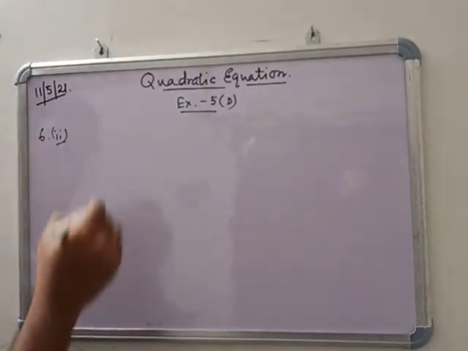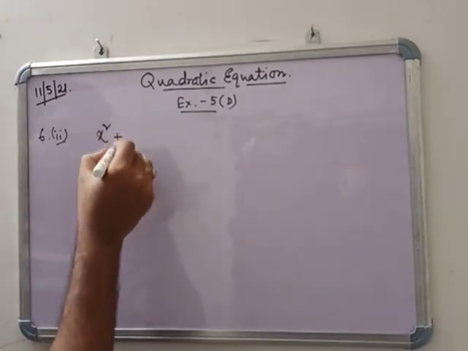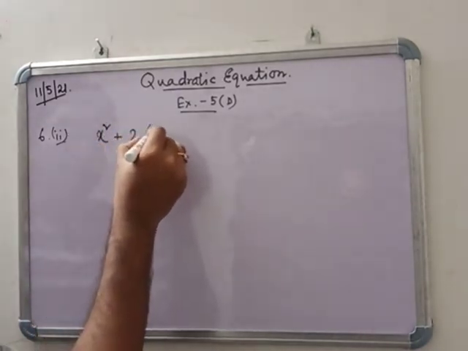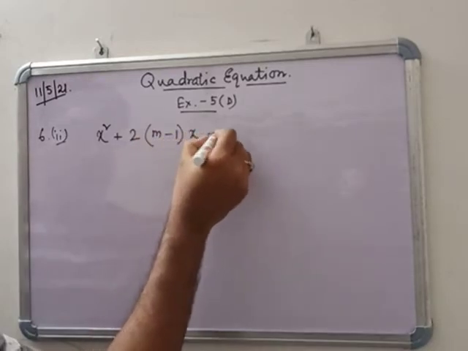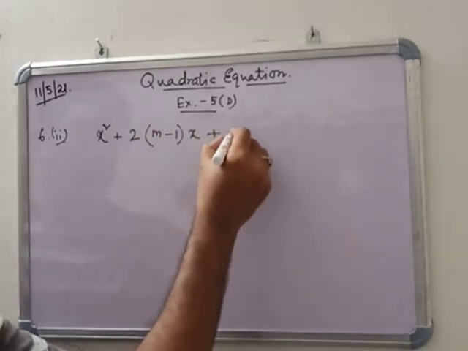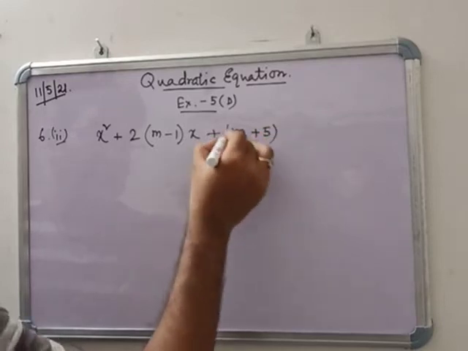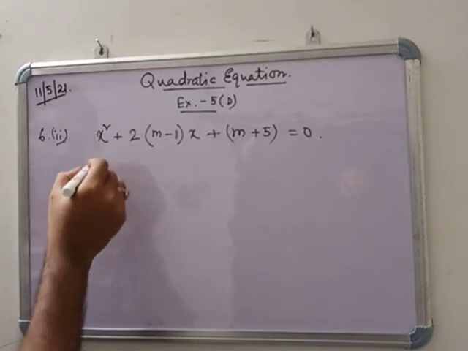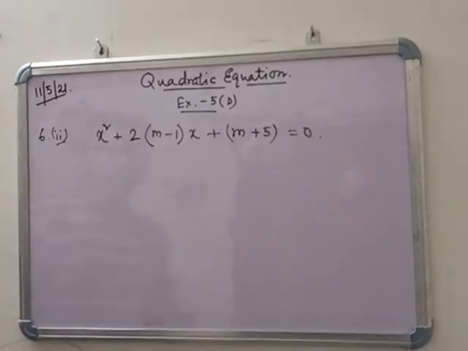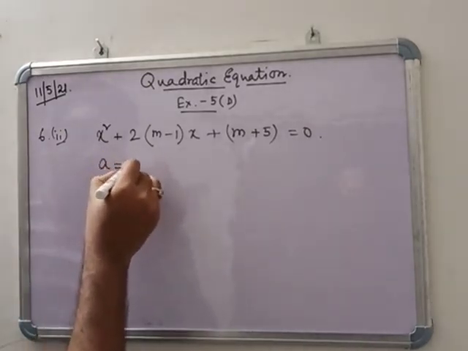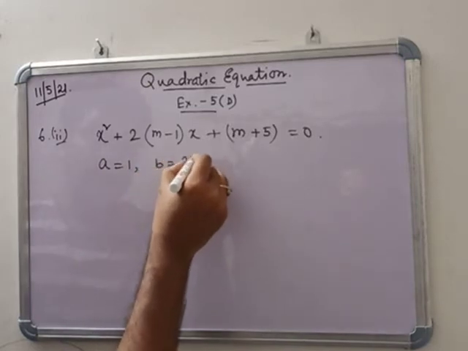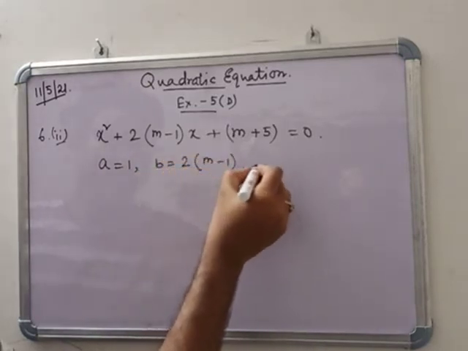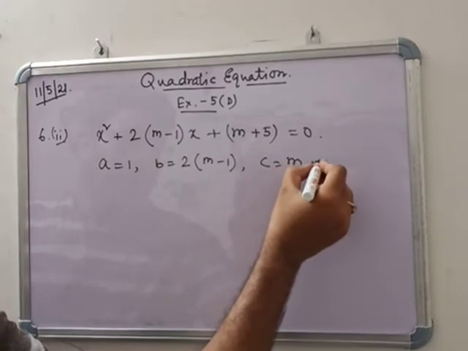See that x square plus 2 into m minus 1 into x plus m plus 5 equals to 0. So that means comparing with ax square plus bx plus c equals to 0, we get a equals to 1, b equals to 2 into m minus 1, c equals to m plus 5.